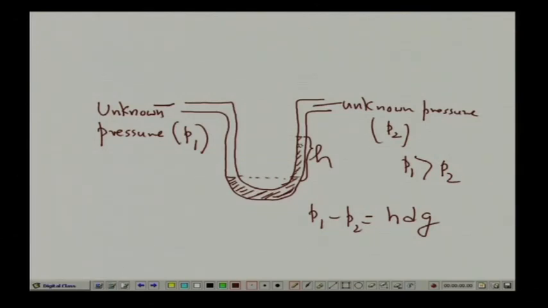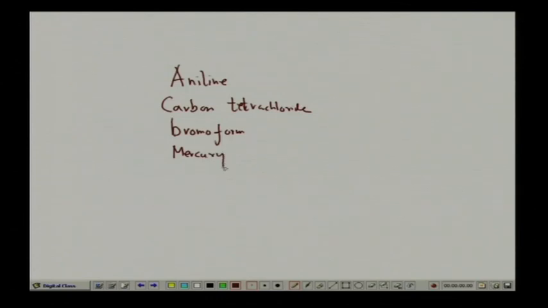Now, typical other industrial manometric liquids are aniline, then we have carbon tetrachloride, then bromoform, then mercury, and transformer oil.